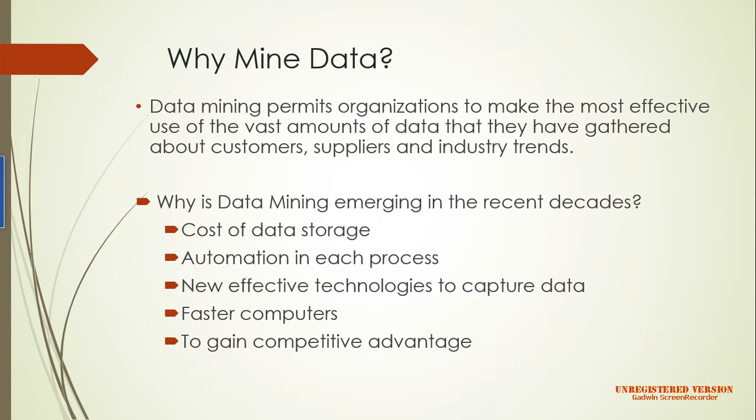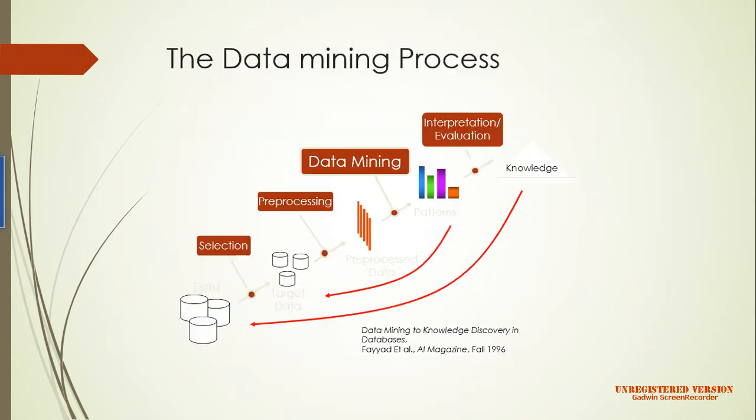The other thing is there is a lot of competition nowadays. To gain competitive advantage, a company has to do something new. They have to analyze the customers in a new way and get some useful things out of that data. That is why data mining has been emerging in recent trends.